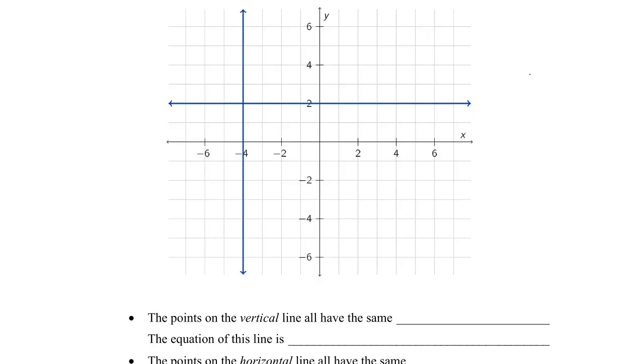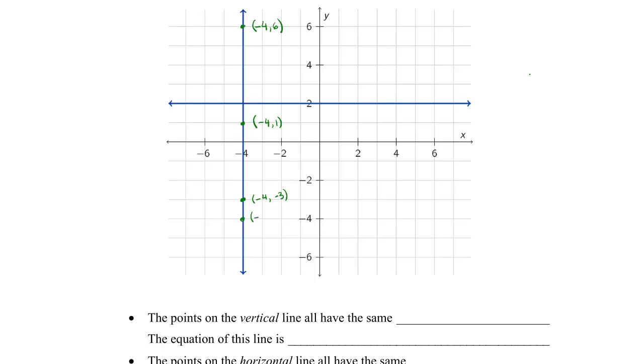So looking at our vertical line first, here's a point. This is the point -4, 6. Here's another point. This is the point -4, 1. I'm just picking some points at random. Here's a point. This is the point -4, -3.